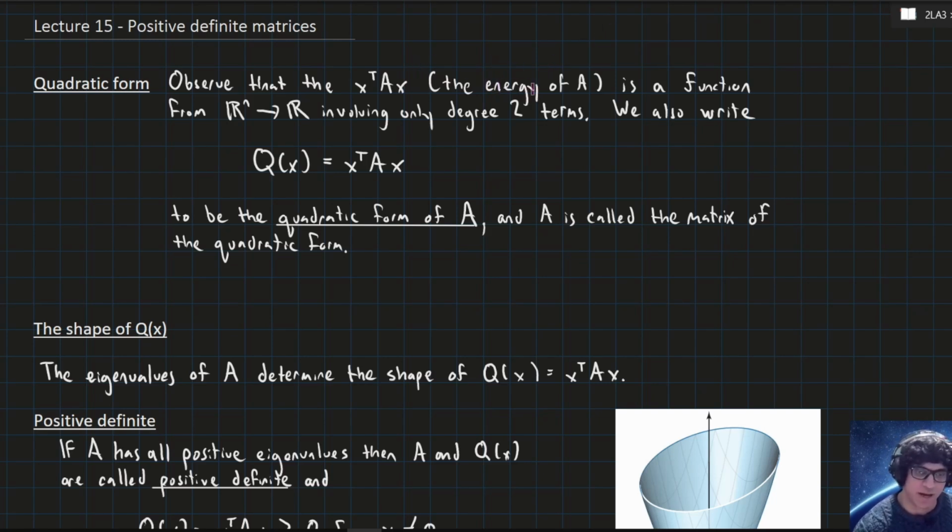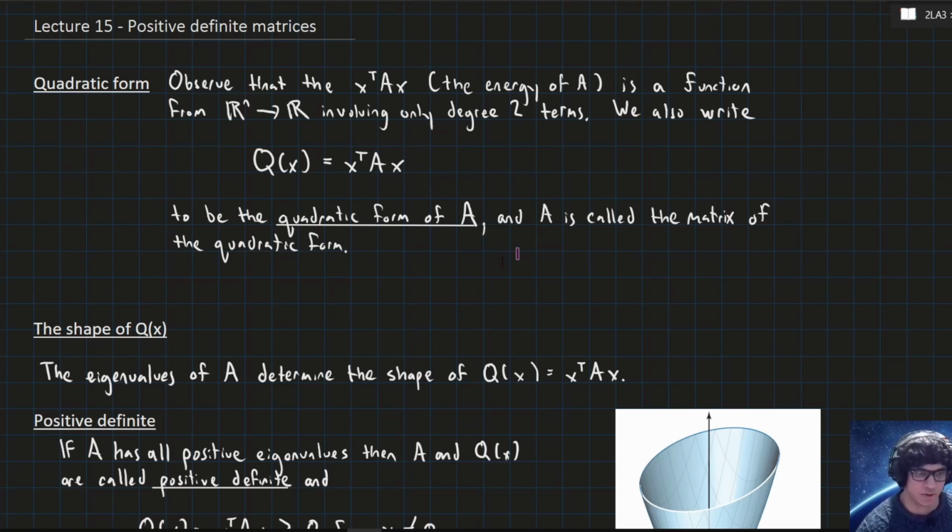The mathematical term for it is the quadratic form of A. And it's a function from Rn to R, because we have x1 through xn variables, and the whole thing sums to a single real number. And if you notice, we'll always get degree 2 terms. We won't get any degree 1 terms.